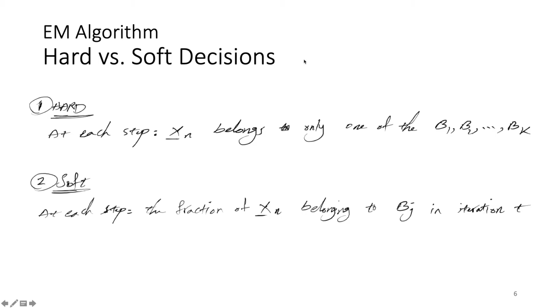At iteration t, we need to take into account the iteration t, bump j and xn, that's why we call it omega n of j, that takes into account all these three, right?